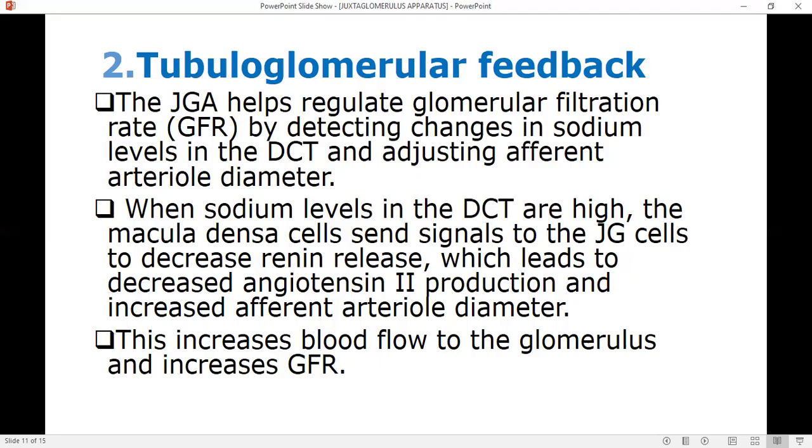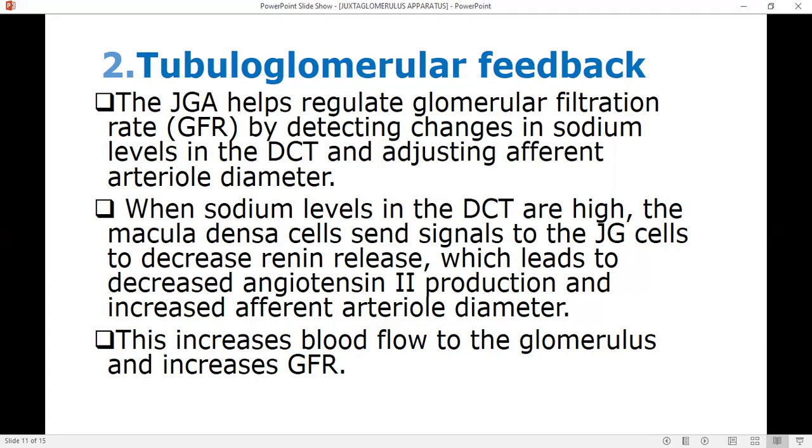Glomerular filtration rate is the amount of filtrate that moves from the bloodstream into the Bowman's capsule per minute, and it's approximately 125 milliliters per minute. That's the amount of filtrate that enters the Bowman's capsule per minute.